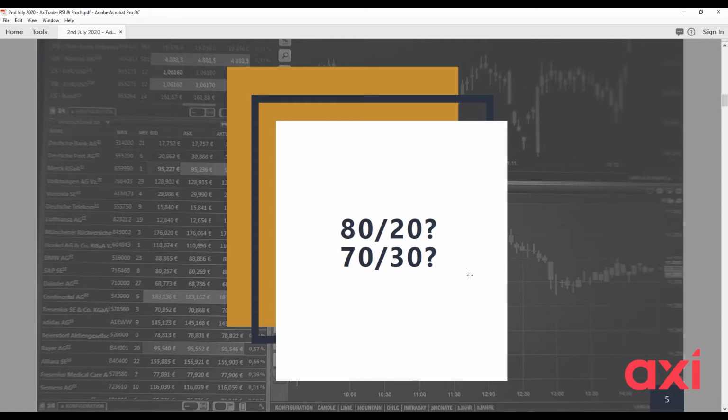So we should always take these levels, 80-20, 70-30, with a pinch of salt. It is a good guideline to work with, but no one has ever said that stochastic and RSI need to really obey these levels.